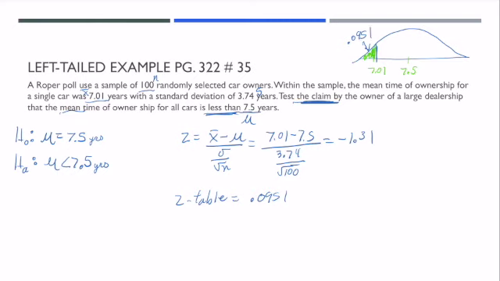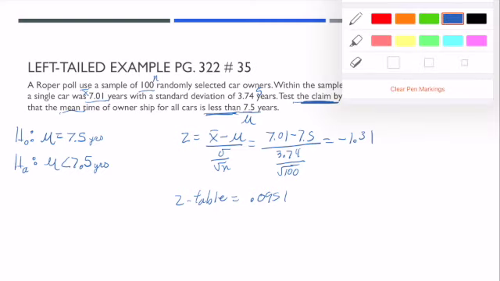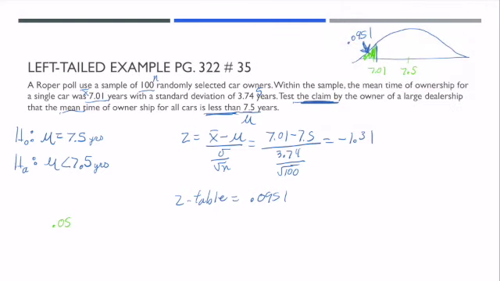Now, we can reject our null hypothesis at the 0.05 significance level if the area under the curve is less than our significance level. So let's take a look. At the 0.05 significance level, can I reject my null hypothesis?